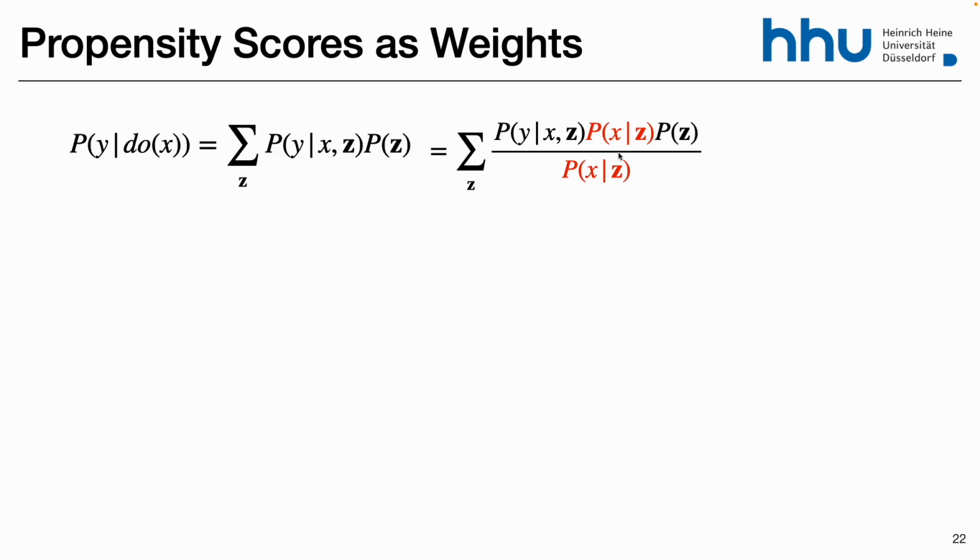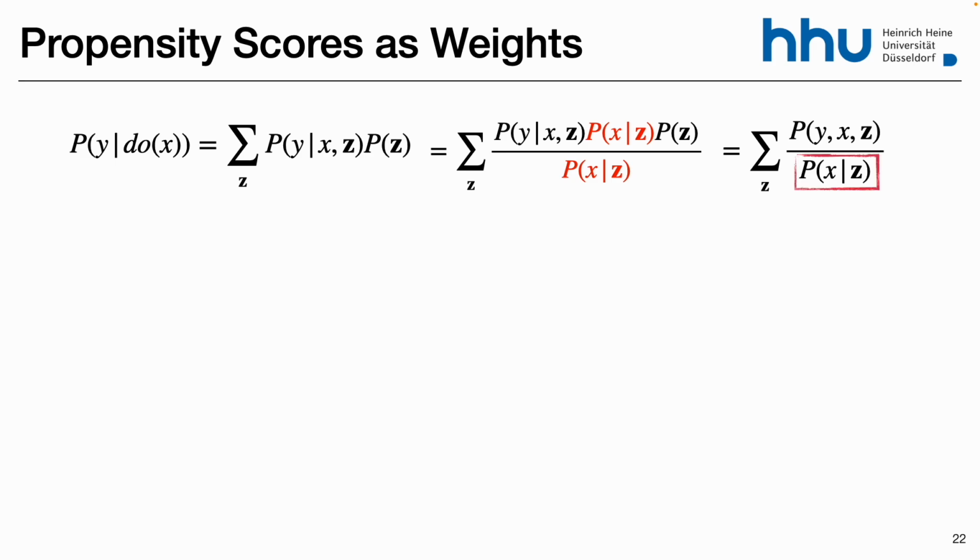If you multiply by this fraction, which is just 1, you are not changing it. And that is good because in the numerator you complete the factorization of the observational joint distribution, and in the denominator you have just the propensity score.